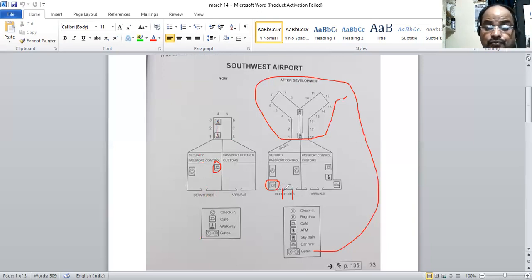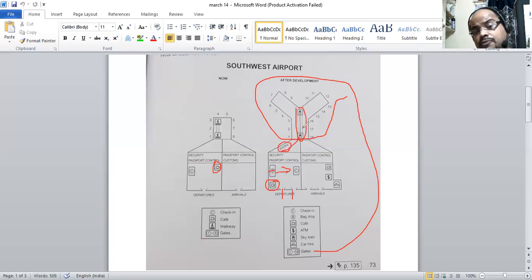And we have a baggage counter here instead of the check-in counter. And the check-in counter will be moved towards this side. The other changes are some shops and what is called a ski train there. So we have 2 other developments here.